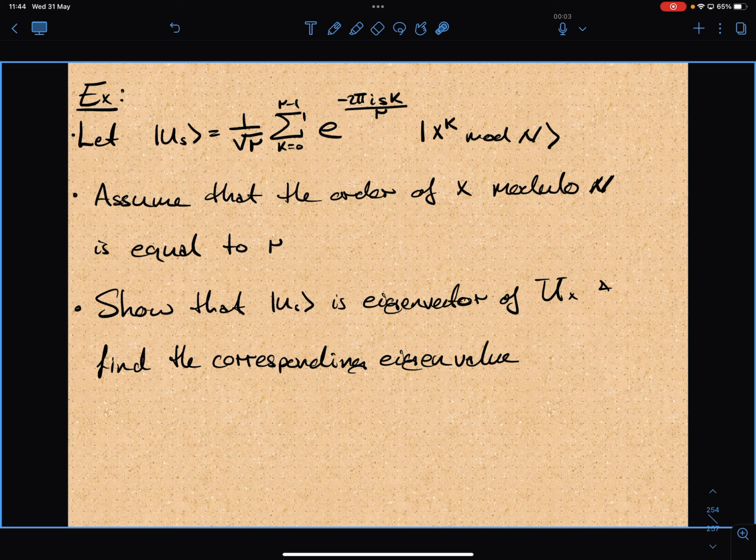Start by multiplying by Us on the right. Then use linearity. So Ux times Us, and then you move the Ux in by linearity to right here.